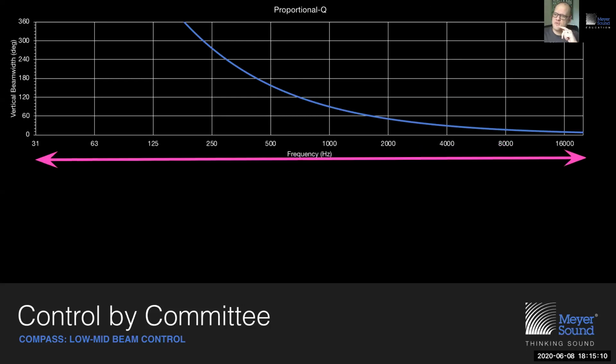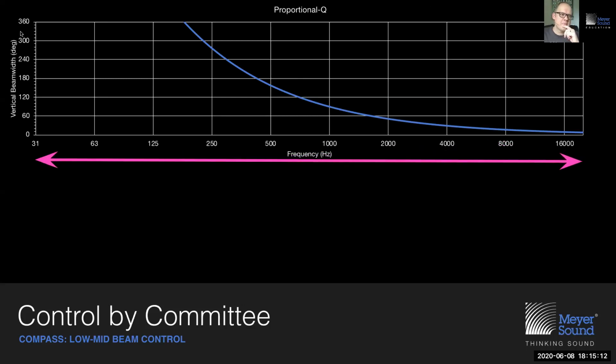So my frequencies run left to right, but my beam width runs top to bottom, where 360 degrees of beam width means that you're omnidirectional. And notice that below 200 hertz or so, this is an illustration. This is based on an actual measurement, but it's been made to look more simple to convey the abstraction.